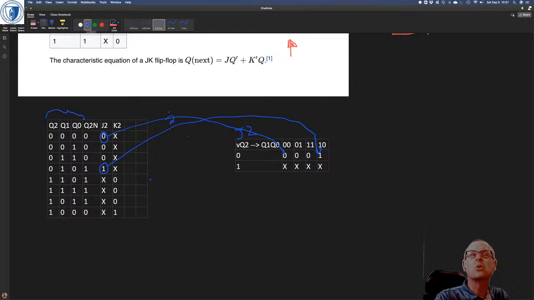Let me get back to drawing. We said we've got 3 bits, right? So we've got J2, K2, and Q2 bar, and we've got another one to hold Q1, and we've got another one to hold Q0.